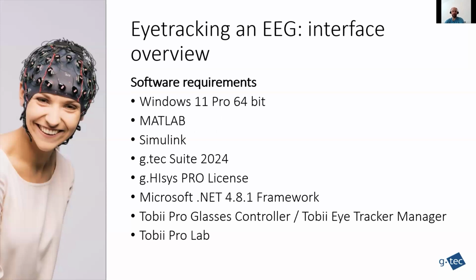The Microsoft .NET framework needs to be installed. If you're using the Tobii eye trackers, you need the Tobii Pro Glasses controller software or the Tobii Pro Eye Tracker Manager. And in the case of the Glasses, if you want to do the synchronization of events, then you also need the Tobii Pro Lab software pre-installed.